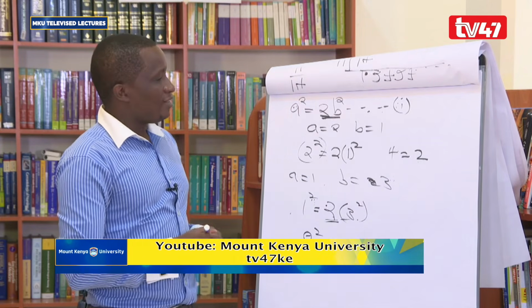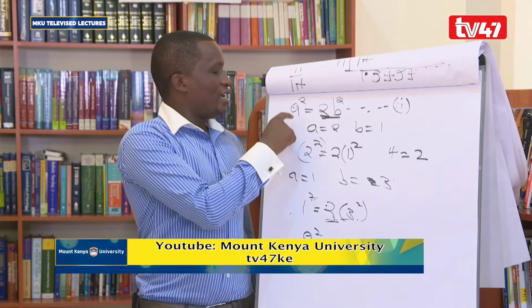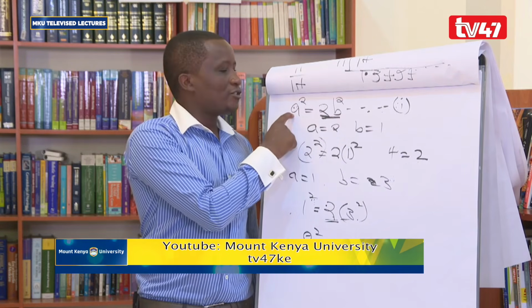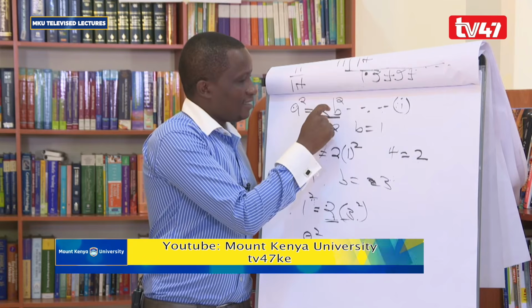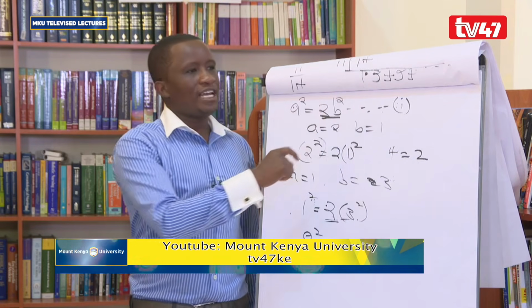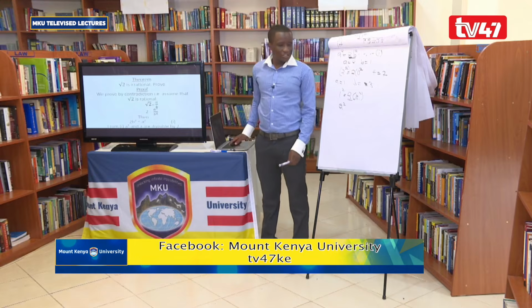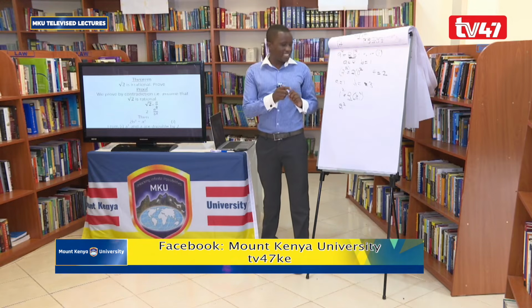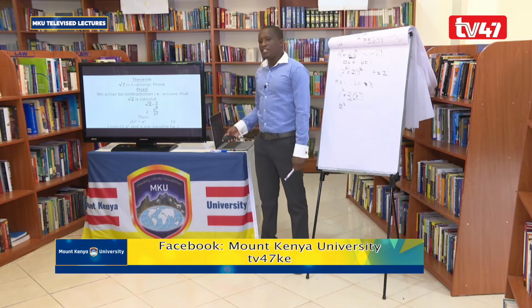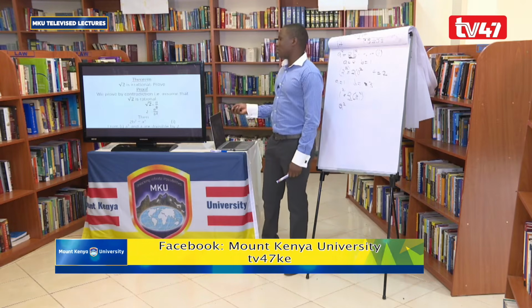And therefore, for this to be true, a squared must be divisible by 2, and the result of 2 times b squared will always be divisible by 2 due to this 2. That's a contradiction, because we said that our rational number is such that whatever numbers we put as a and b should not be divisible by any other number other than 1.